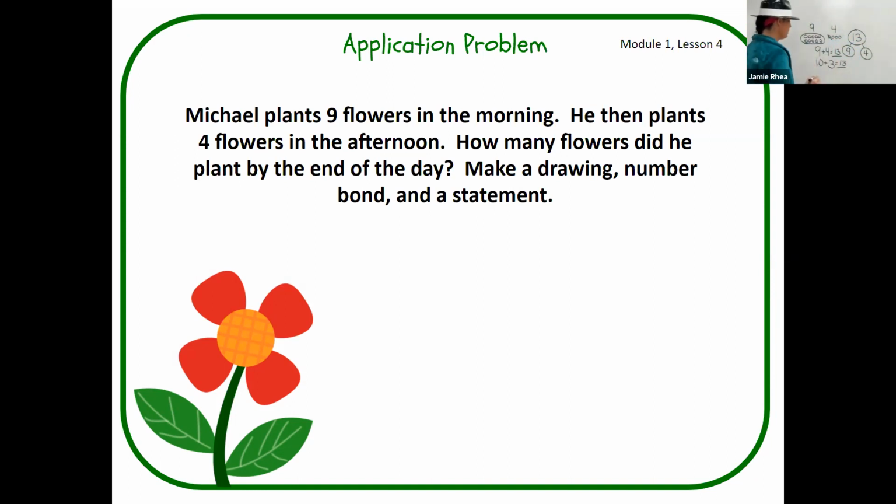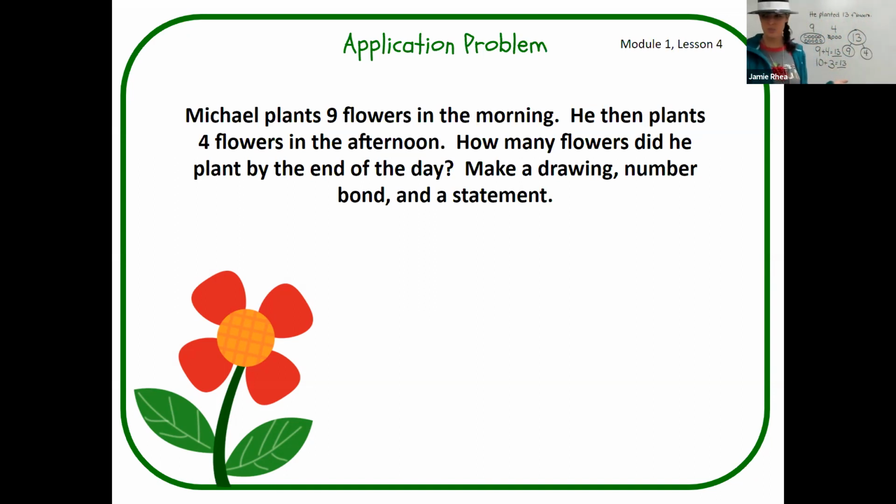We know that he planted, let me see if I have room. Let's do it here. He planted 13 flowers. Can't forget our period because it is a complete sentence.